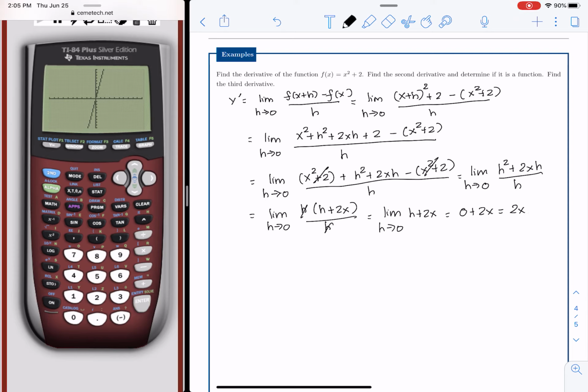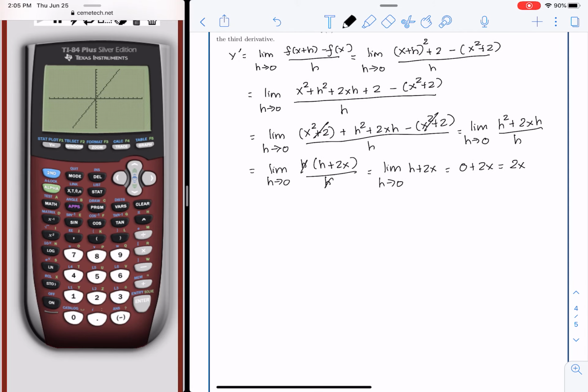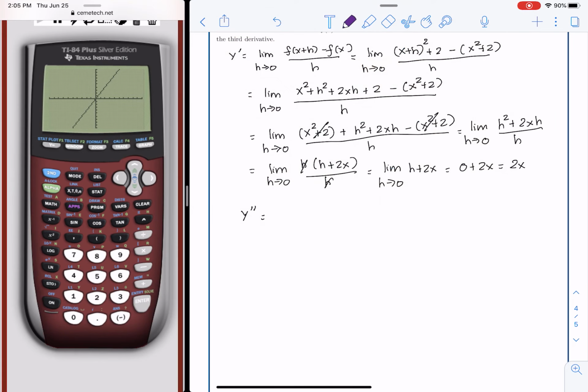Is that a function? Absolutely. It is a line, so we know that from the previous problem. So it is a function. Let's look at the second derivative. The second derivative is simply the derivative of the first derivative. So I'm going to call the first derivative g of x.